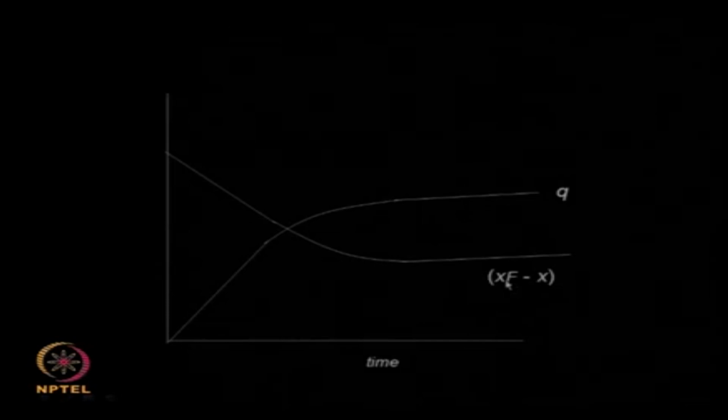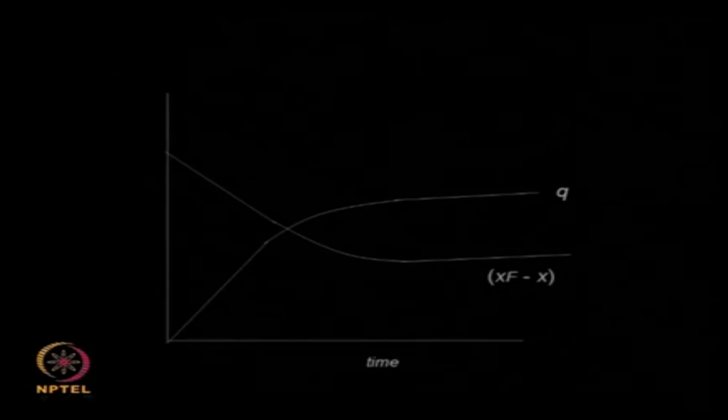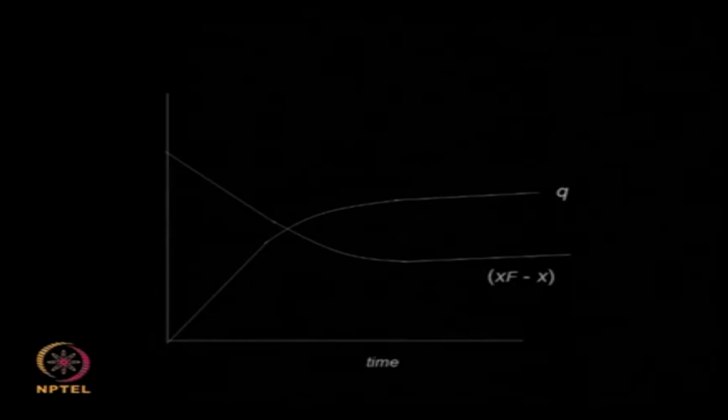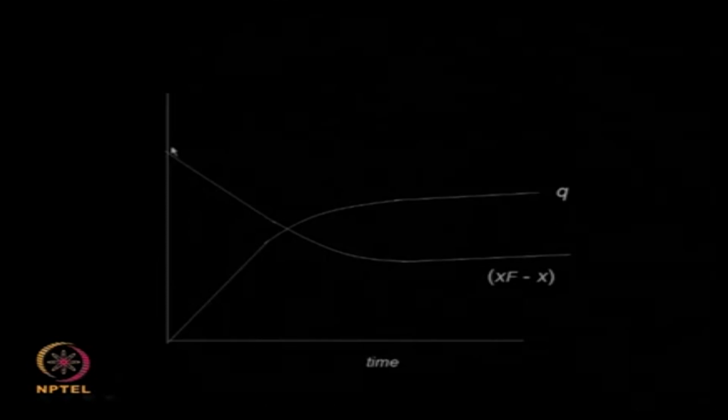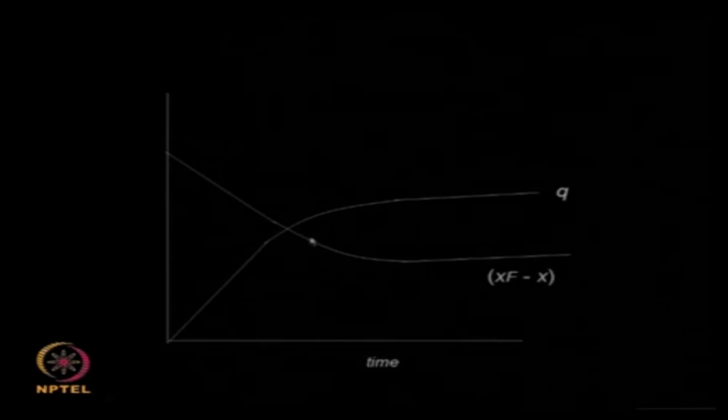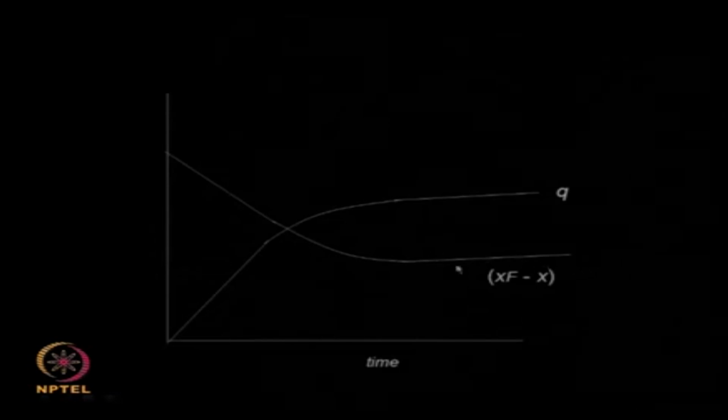Now let us look at how xf minus x varies, where xf is your concentration of solute in the feed, and x is the concentration of the solute leaving in the effluent, okay. So xf minus x, initially at time equal to 0, x will be 0, okay, then slowly it will reach a shape in this form, and again this also will flatten out.